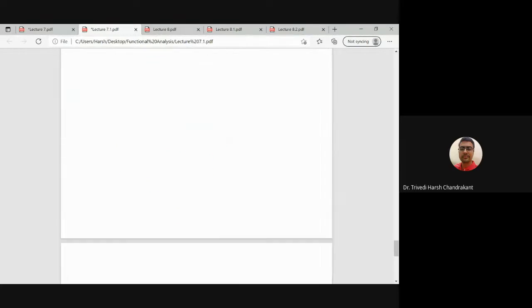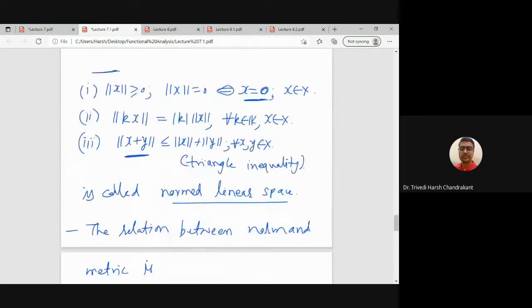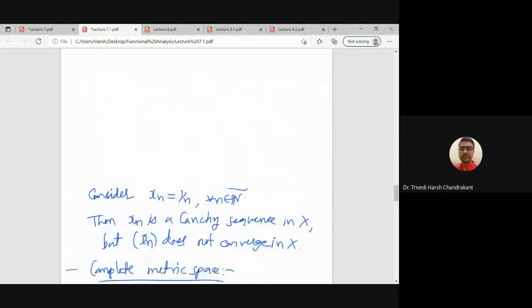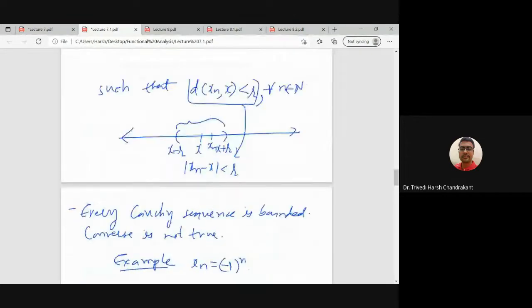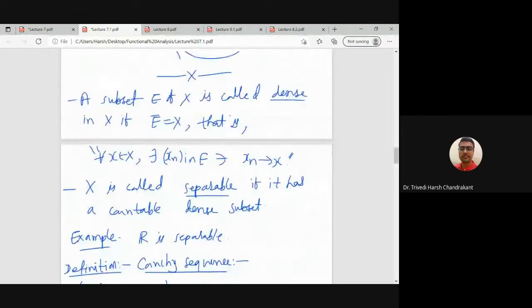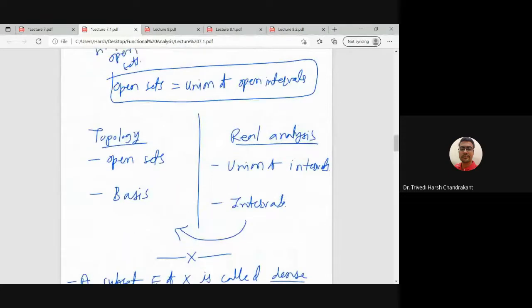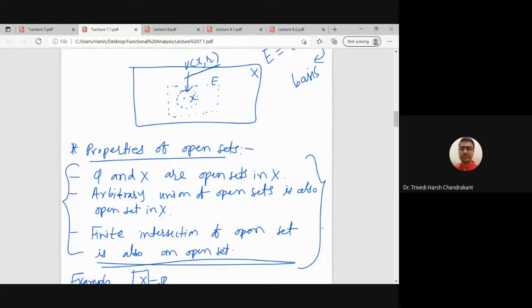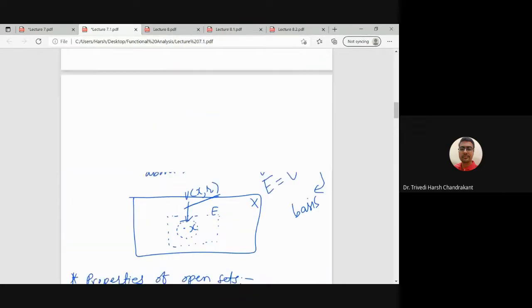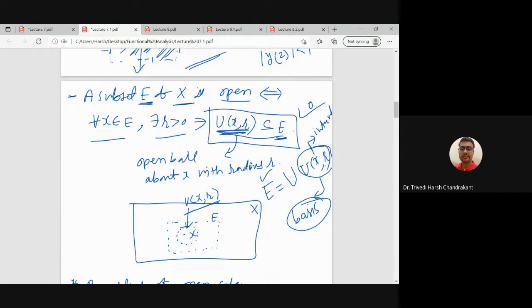So if you want to find what is the topology generated by the trivial metric, for that we need to find what the basis elements are, right?